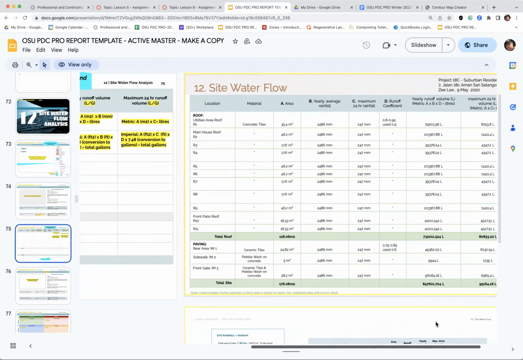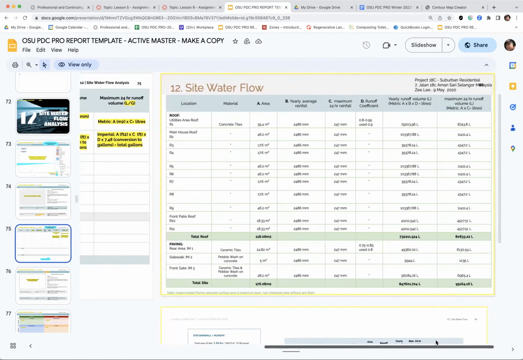Here's an example. So this is in metric, and metric is so easy. I love it. When you get these broad numbers, you just have to pick one and indicate which you're using. So here are concrete tiles.